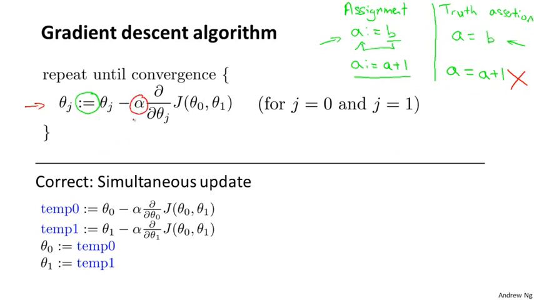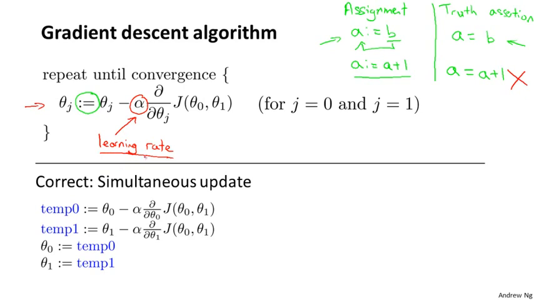This alpha here is a number that is called the learning rate. And what alpha does is it basically controls how big a step we take downhill with gradient descent. So if alpha is very large, then that corresponds to a very aggressive gradient descent procedure where we're trying to take huge steps downhill. And if alpha is very small, then we're taking little baby steps downhill.